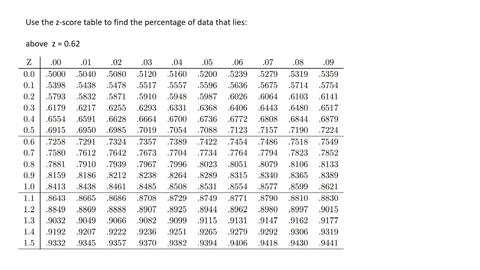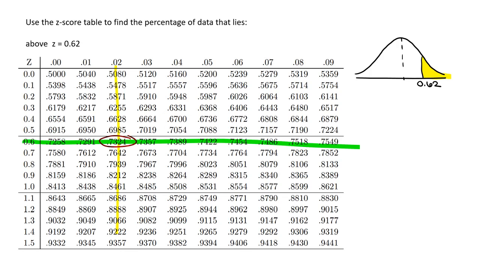Now, what if I want to know what percent of the data lies above that z-score? This table gives me the amount of data that lies below that z-score. So we saw in the previous example that 0.7324 that I have circled means 73.24% of the data lies below 0.62.